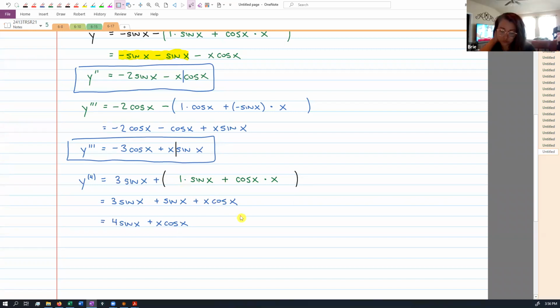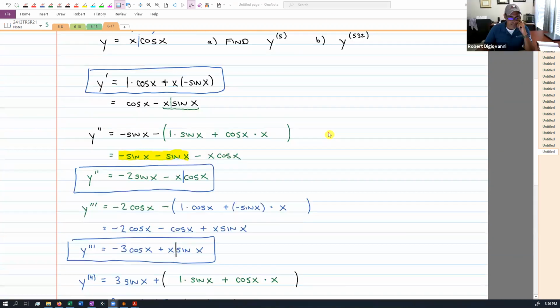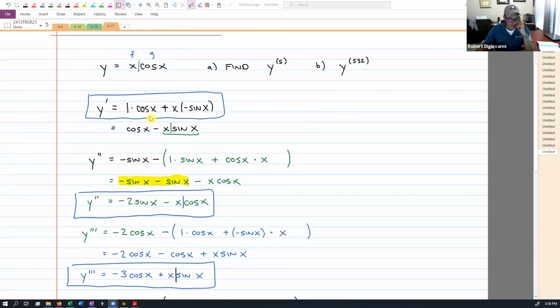Okay, let's check the map to see where we're going next. This is the last island. All right. Do y'all see any patterns? The first derivative had a 1, and then it was cosine x and then minus x sine x.